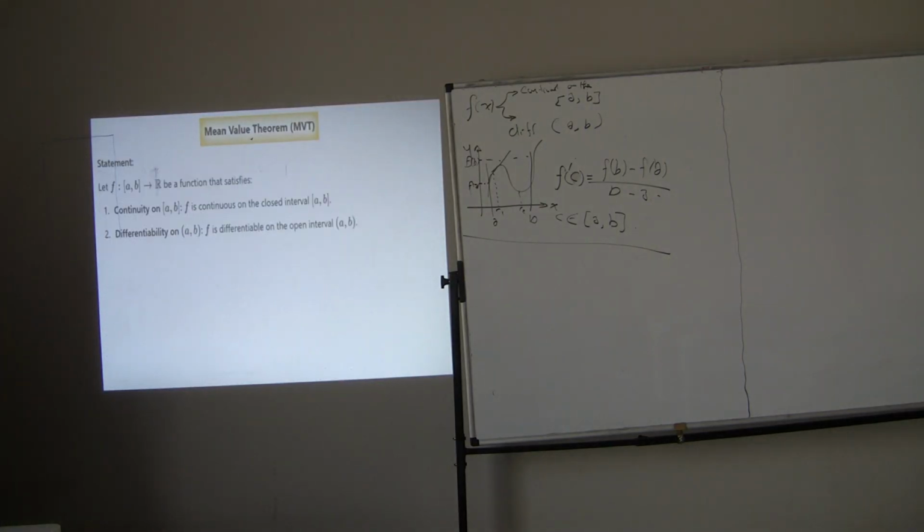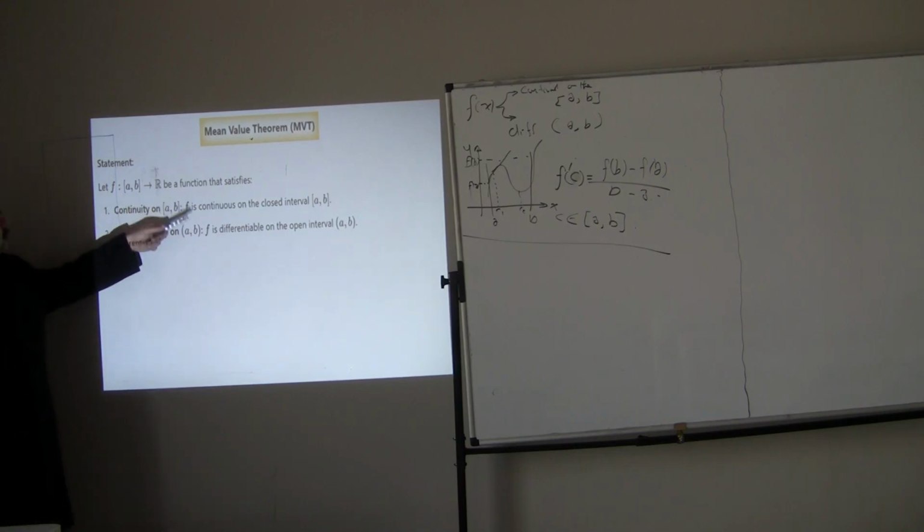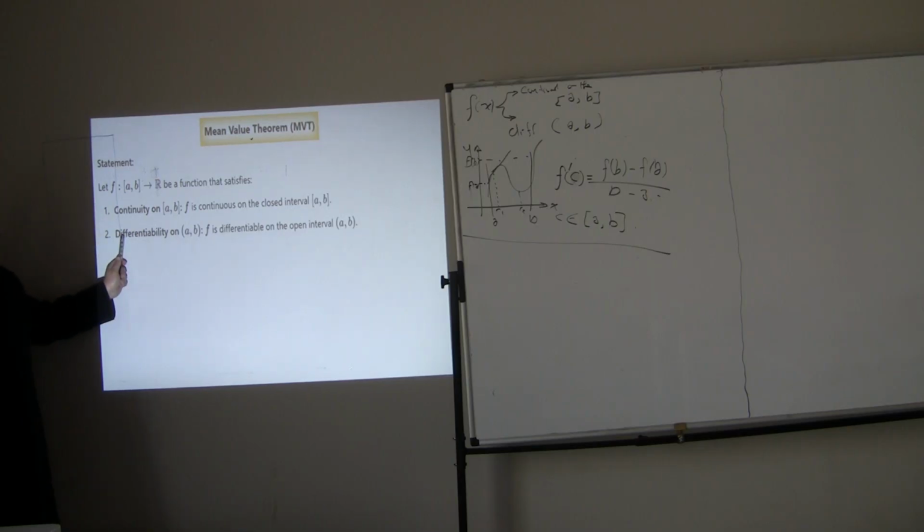I've written all of this in this slide, and I will send you these slides within the next week, okay? Because I've also added the several variables on it, so it will all be sent to you together. So the definition: let f belong to the interval AB, a function that satisfies continuity first of all, and differentiability.